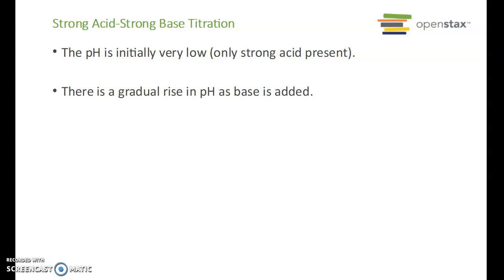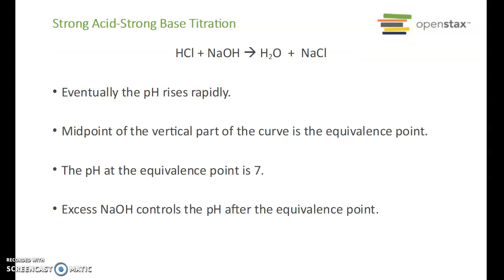So let's first talk about the strong acid, strong base titration. The initial pH is very low since you've got a strong acid, and it's going to be a very gradual rise in pH as the base is added. So for this hydrochloric acid, sodium hydroxide titration, where you're adding sodium hydroxide to the hydrochloric acid, you eventually get water plus the sodium chloride salt.